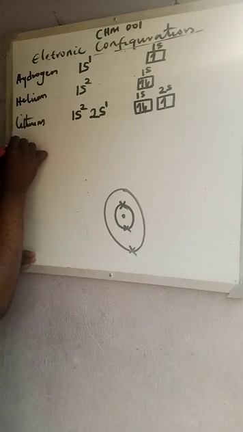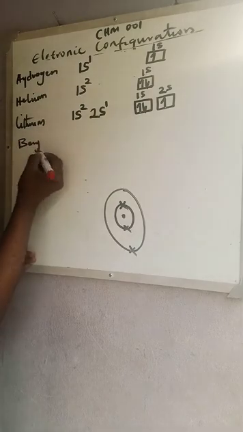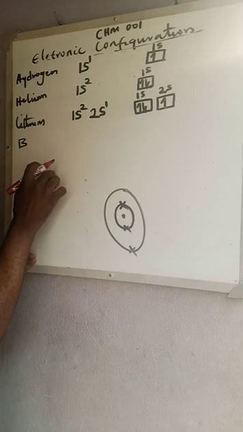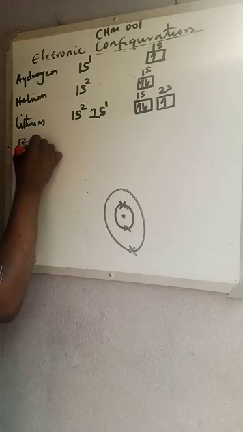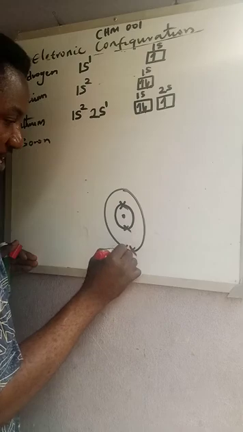Now, is it beryllium or boron? Don't forget. Beryllium has 4 electrons. We add 1 here again. This is 4.